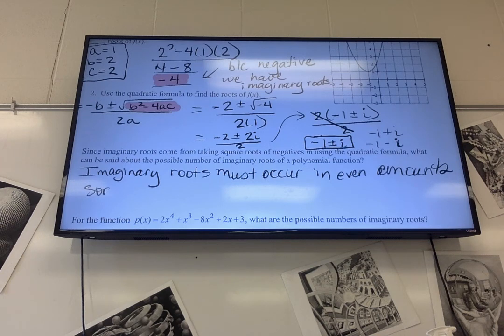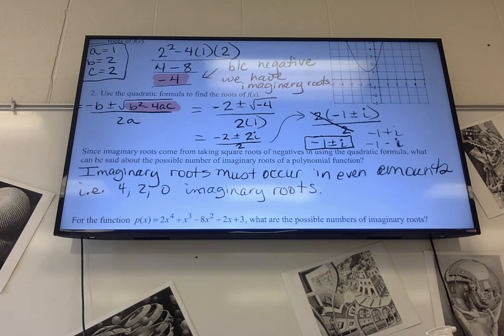So, i.e., which means, for example, 4, 2, 0 imaginary roots. Now, we could have more if it was a really big degree. But they have to occur in even amounts.